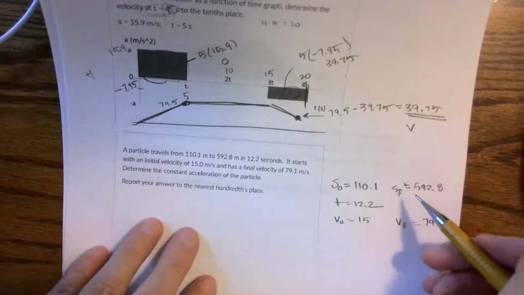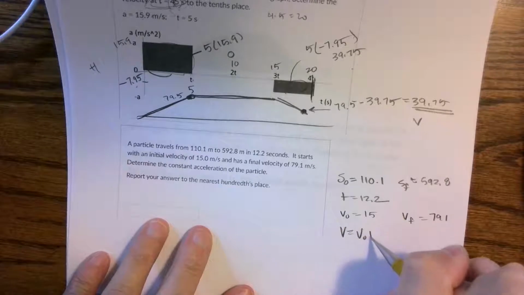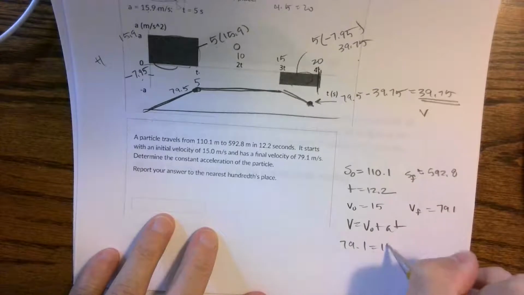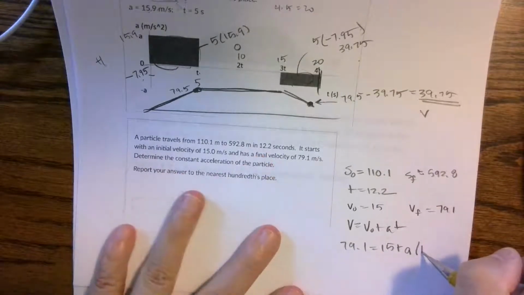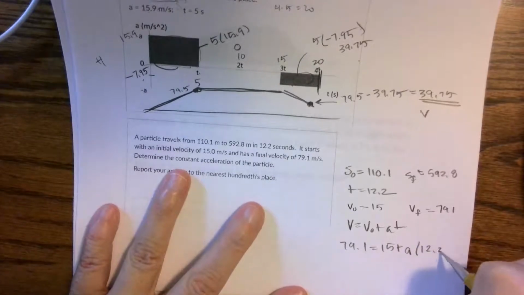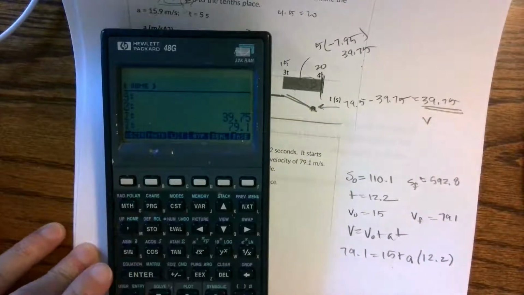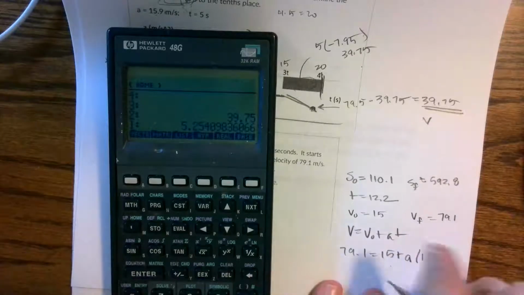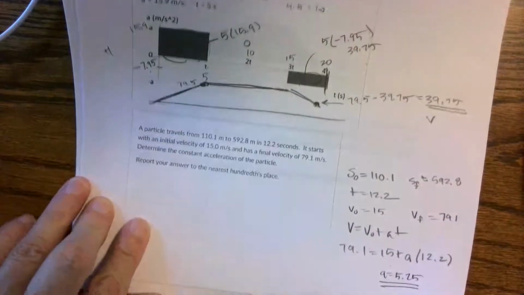Find A. Well, V equals V naught plus AT. 79.1 equals 15 plus A times 12.2. 79.1 minus 15, divided by 12.2. I get an acceleration of 5.25. Okay, next problem.